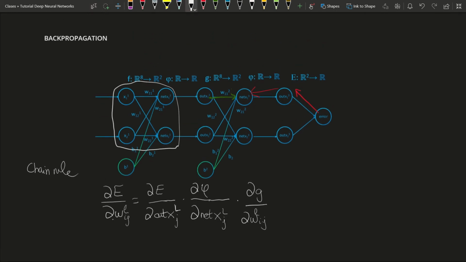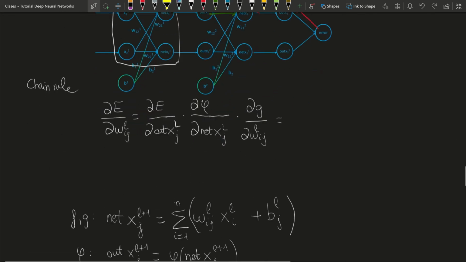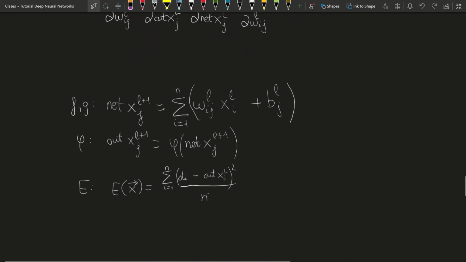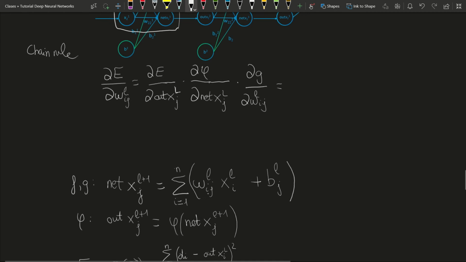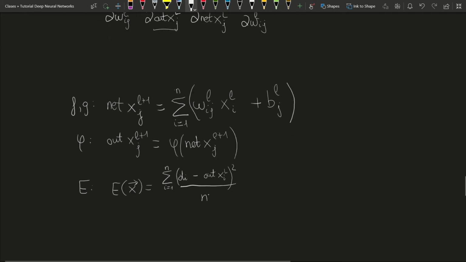So now, how can we solve these derivatives? The first derivative is the derivative of the error. If we look at the error function, the derivative with respect to the out, that is g, will be: the other terms will be constants, and only the term that is this neuron won't be a constant.